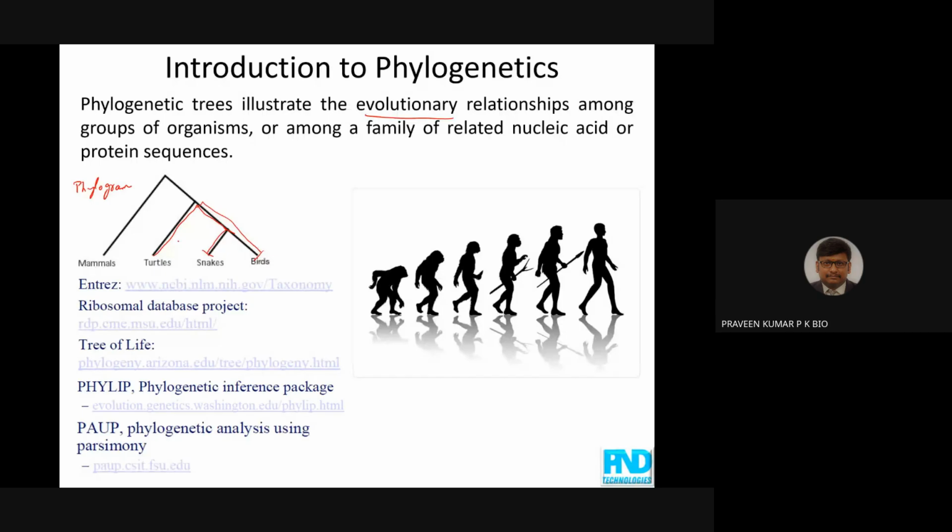If you compare a turtle sequence and a snake sequence, this is not an entire protein. You can construct a phylogenetic tree with one protein, only one protein at a time. This can be hemoglobin, or it can be insulin, whatever it is. Only one protein you can compare.